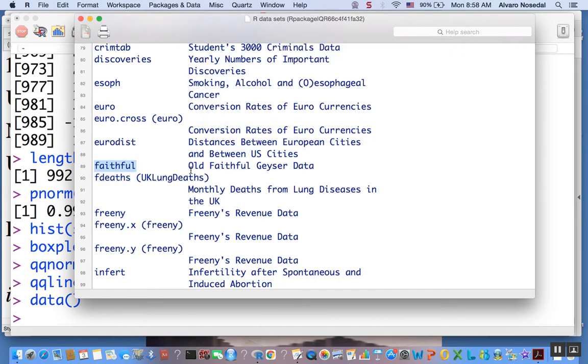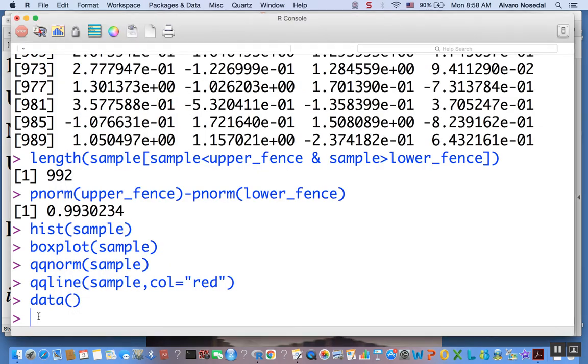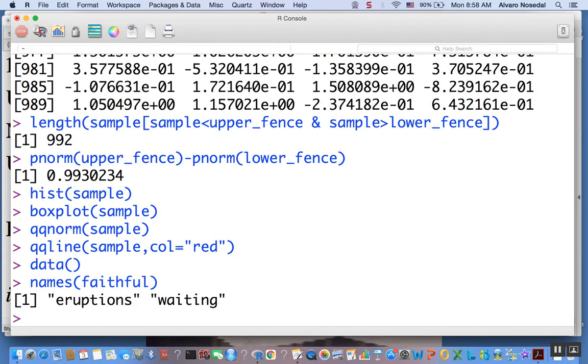So there you are. Okay. So let me just remember what are the names of the variables contained in that data set. So eruptions and waiting. Okay.